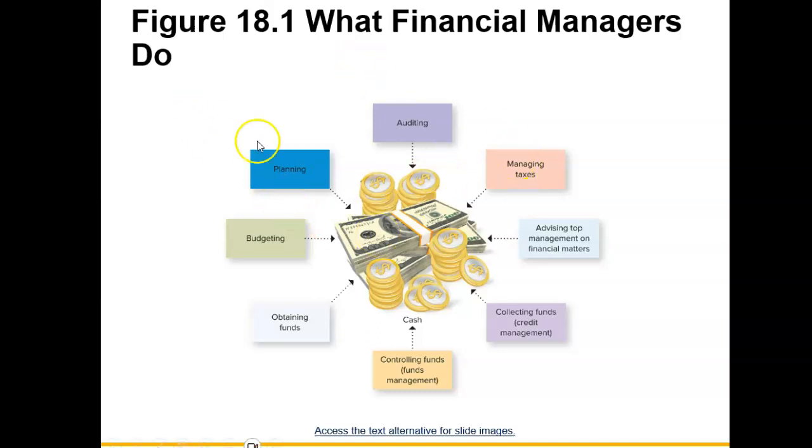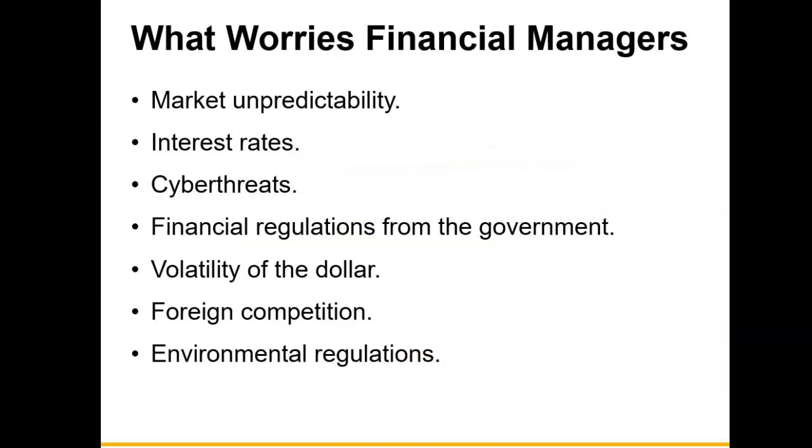Managing taxes. We'll talk about debt financing versus equity financing. Which approach is the most applicable for your business organization? So I'm going to go through all of these, but obtaining funds, that's your role. Controlling funds once they've come in, as well as collecting funds. Credit management, making sure that we have a good system in place so that we can keep track of who owes us money and collect that money.